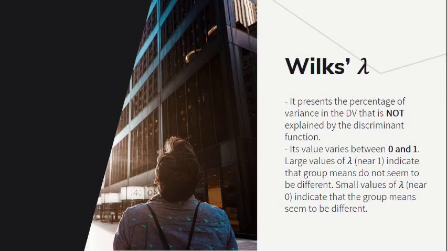A large value of lambda, near 1, indicates that the group means do not seem to be different, and a small value of lambda, near 0, indicates that the group means seem to be different. If several functions are tested simultaneously, this statistic is the product of the univariate lambdas for each function.